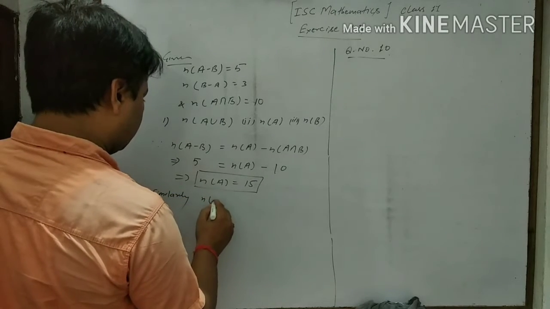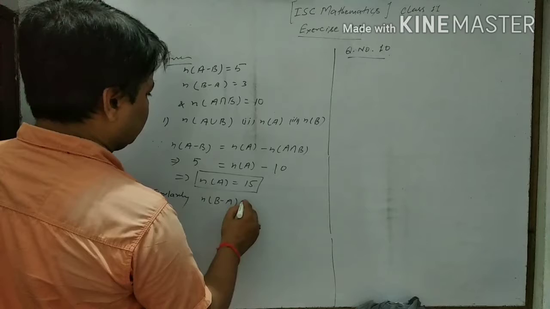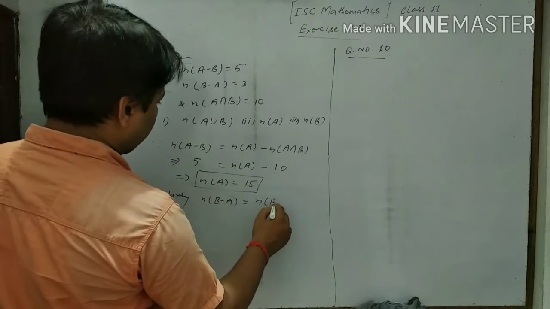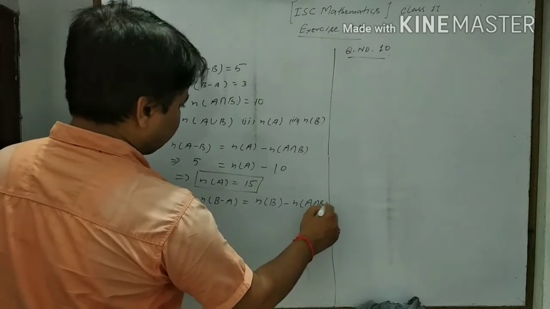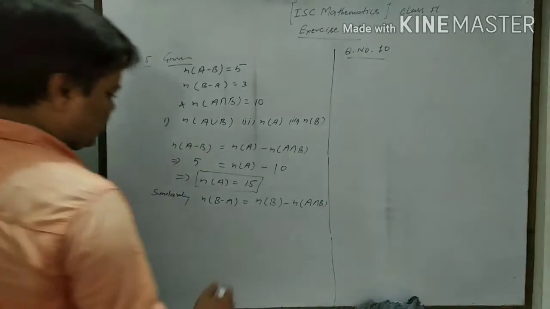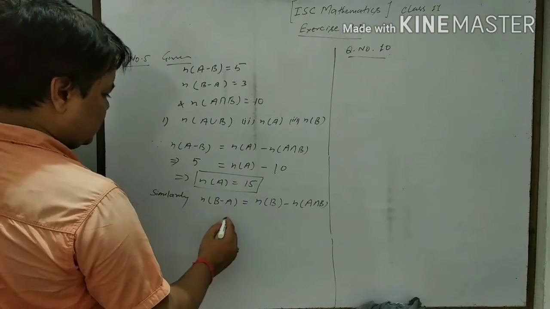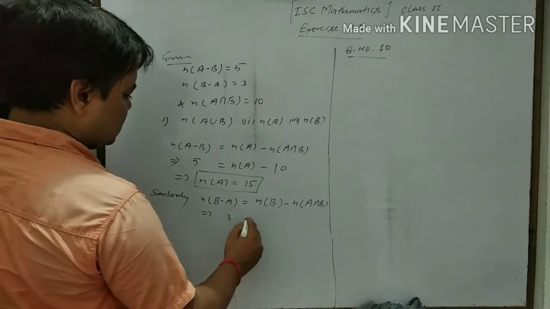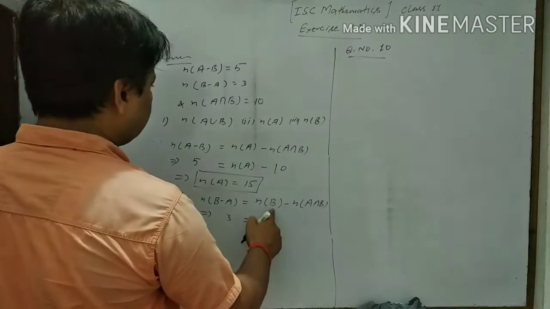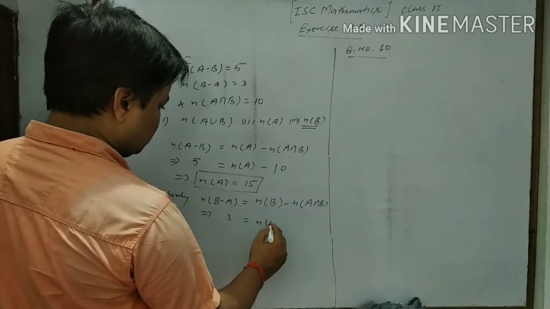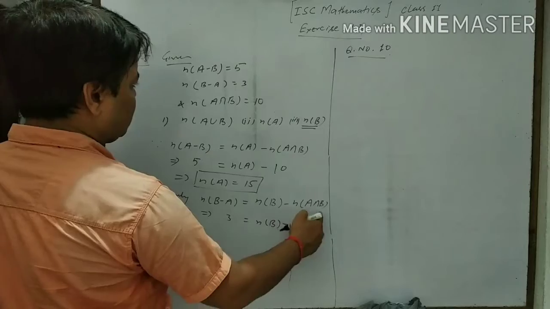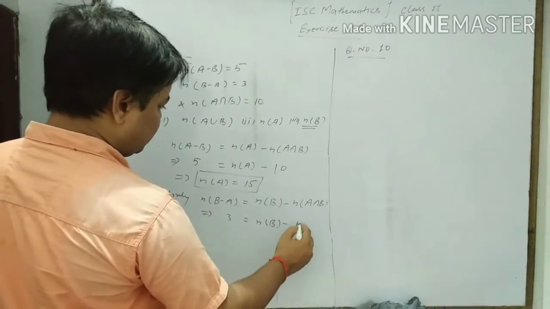Similarly, cardinal number of B minus A is equal to cardinal number of B minus cardinal number of A intersection B. Cardinal number of B minus A is given, that is 3. This implies that 3 is equal to cardinal number of B, which we have to find, minus cardinal number of A intersection B, which is also given, that is 10.